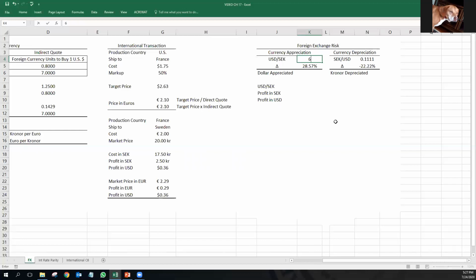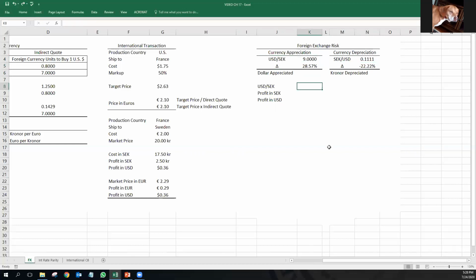If this would have gone under the old one, which is a negative, and now this was positive, then sure, the dollar depreciated or the krona appreciated. So the point is, indirect quote, you look at it from the dollar perspective and you say appreciate or depreciate. Direct quote, you'll say the krona appreciated or depreciated. That's how it works, and by that much.